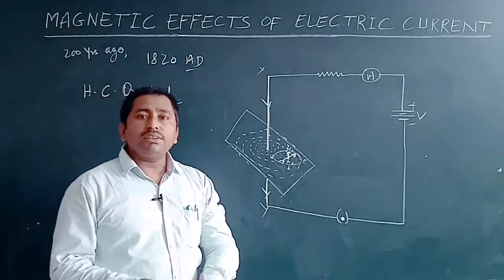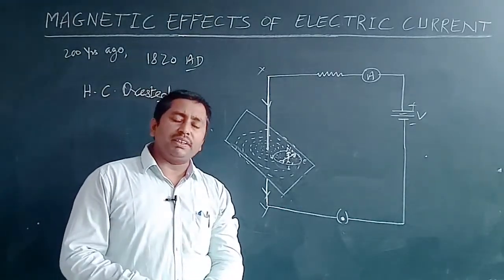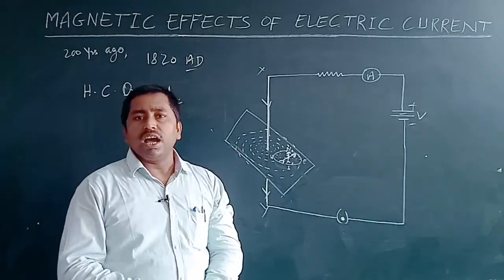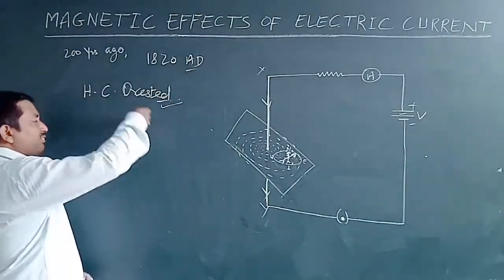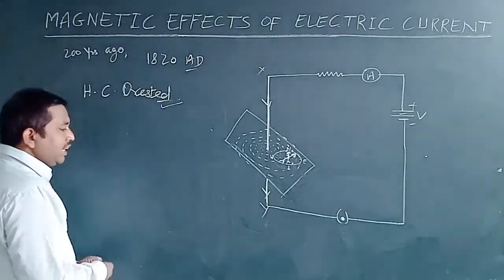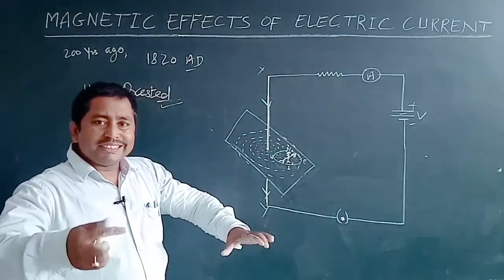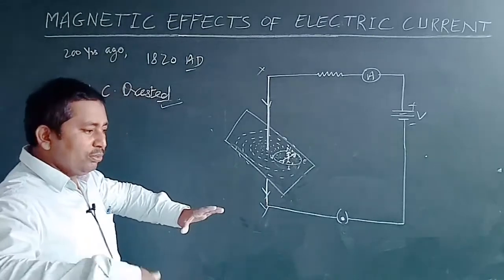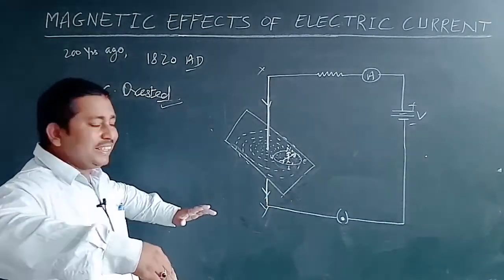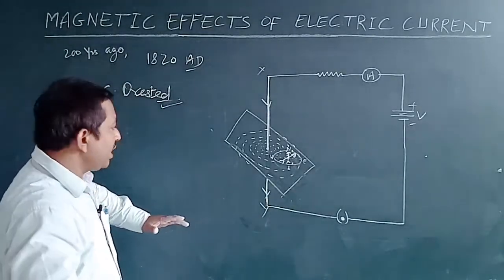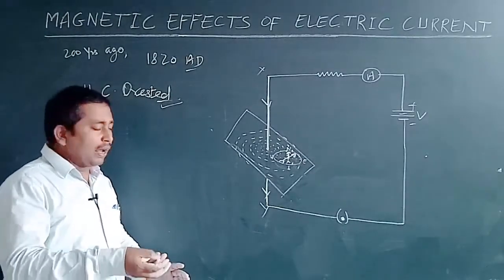Now he also performed another experiment with the help of a bar magnet, and he drew some magnetic field lines around the bar magnet. He placed the bar magnet on a cardboard, which was initially placed in the direction in which the north and south direction is indicated by the magnetic needle in the absence of the bar magnet.